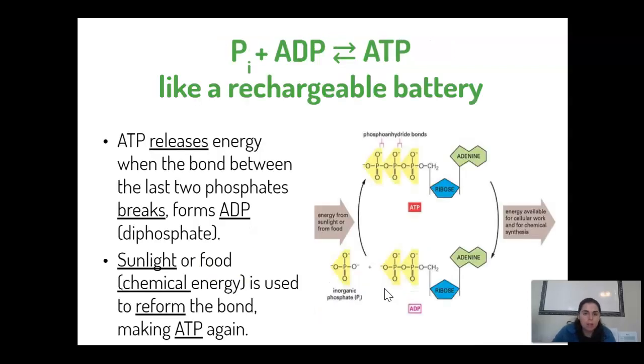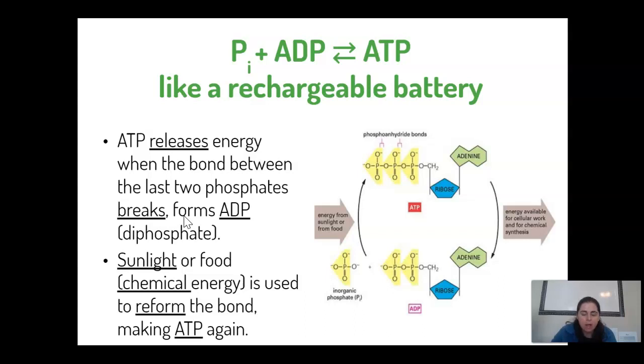That's important because if you look at the next slide, we look at adding a phosphate group to ADP to make ATP. And likewise, you can have ATP break off a phosphate group and get left with ADP. So it's kind of like a rechargeable battery. So ATP releases energy when the bond between the last two phosphates breaks, which will form ADP, which is adenosine diphosphate.